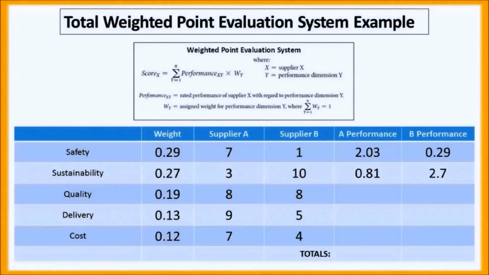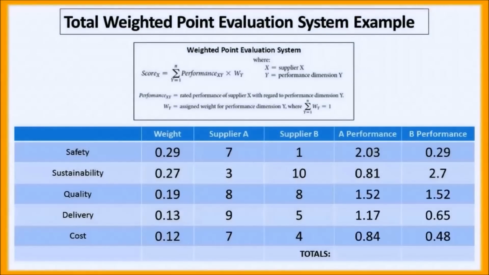Now let's do the rest of these. So for sustainability, 3 times 0.27 gives us 0.81 for the performance for supplier A, and 10 times 0.27 gives us 2.7 as the performance for supplier B.